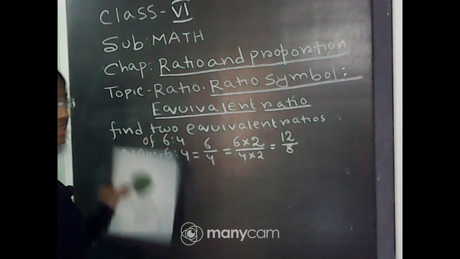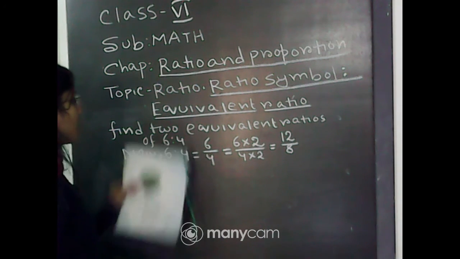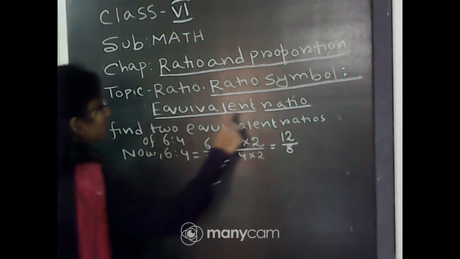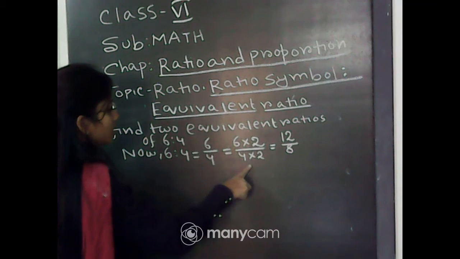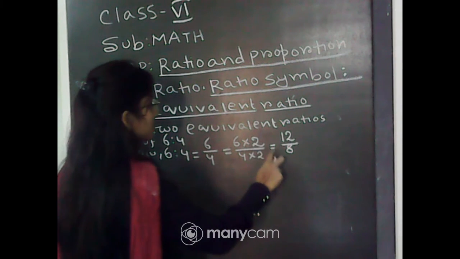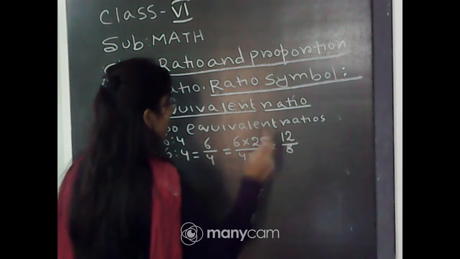We can write this ratio in the fraction form as 6 by 4. Now, we multiply both the numerator and the denominator by the same number 2 and we get 12 divided by 8.